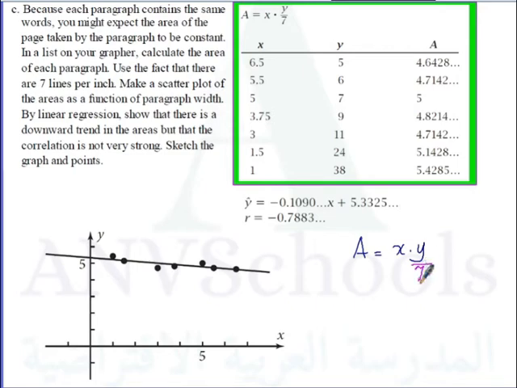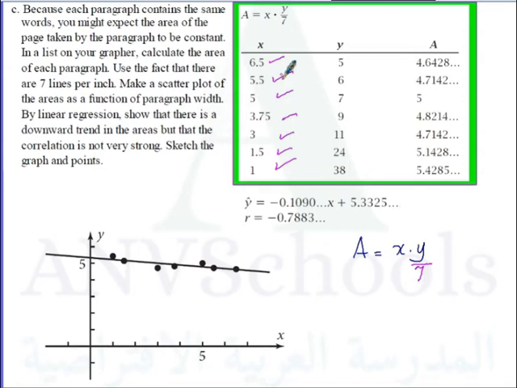So these are data representing the area of the page taken by the paragraph. So if your paragraph has, for x, for example, 6.5, so the width is 6.5, and you only have 5 lines for each paragraph, the area is 4.6428, right?